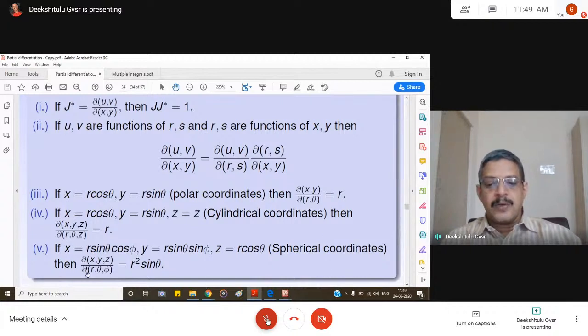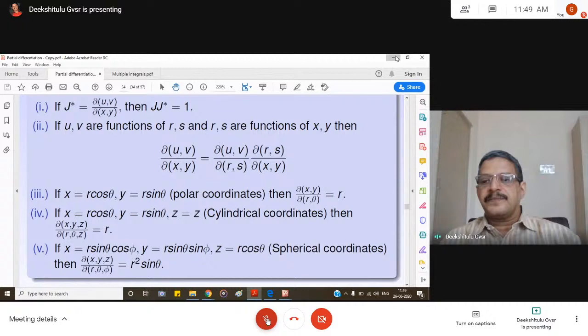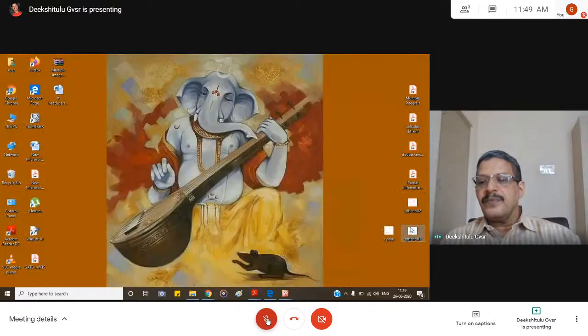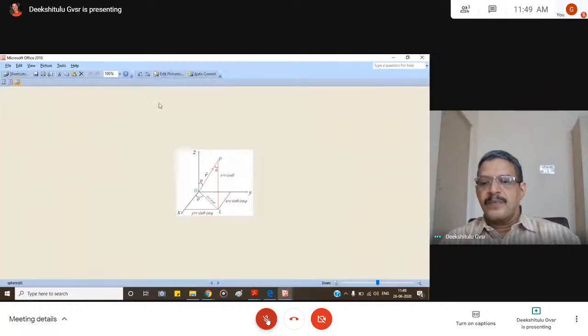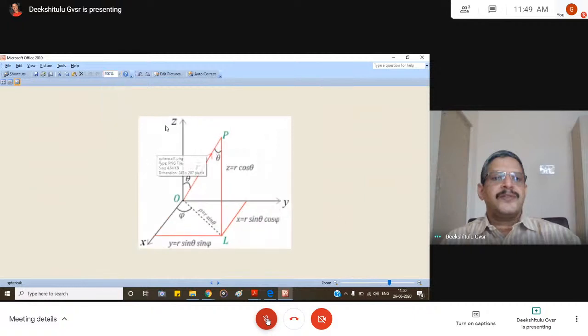So this is the spherical coordinate system. Then what is a spherical coordinate system? Let us see. This is the x-axis, y-axis, z-axis.